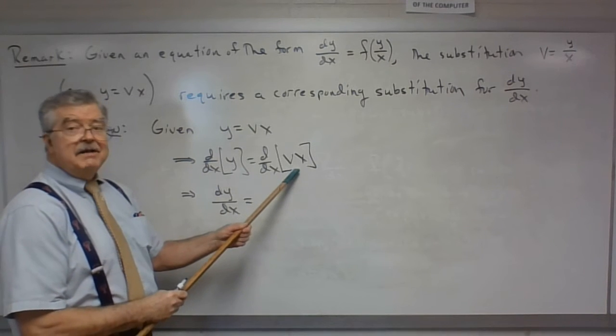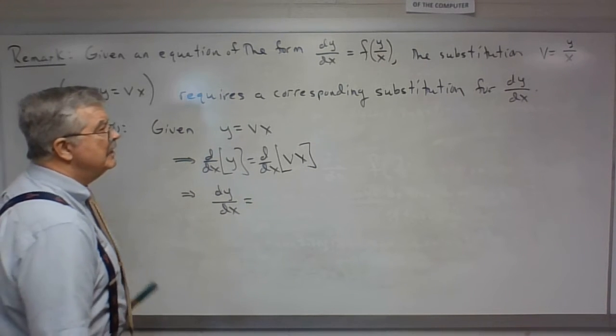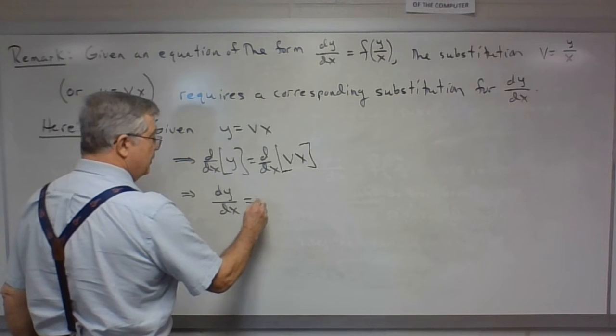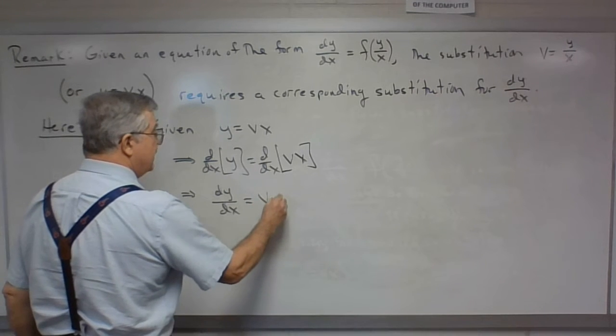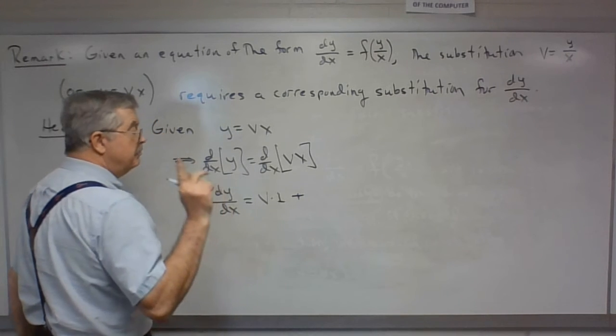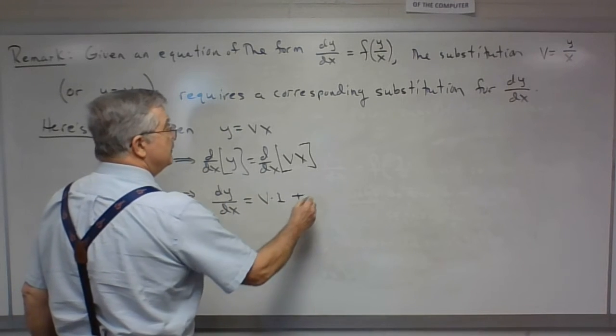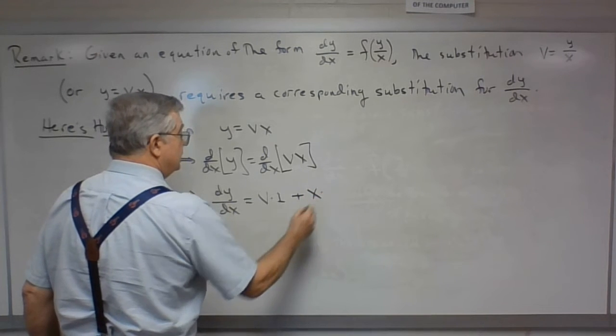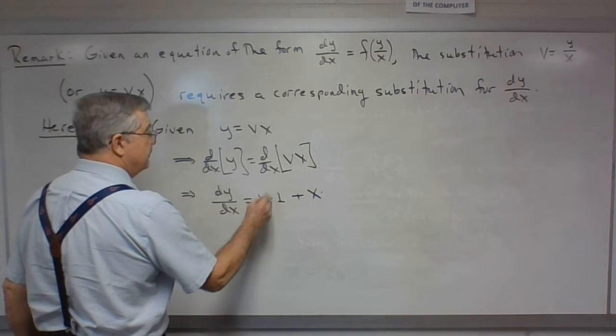The right side, this is a product, so we're going to use the product rule. First times derivative of the second plus second times derivative of the first.